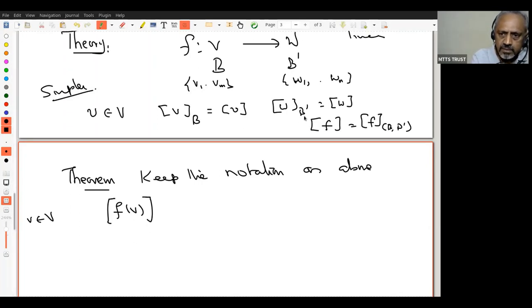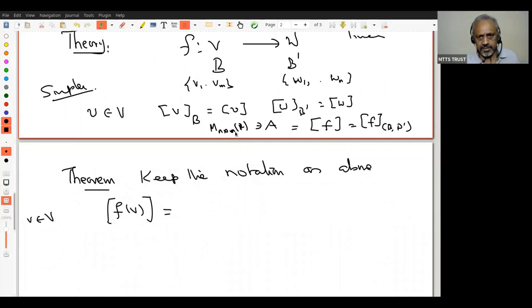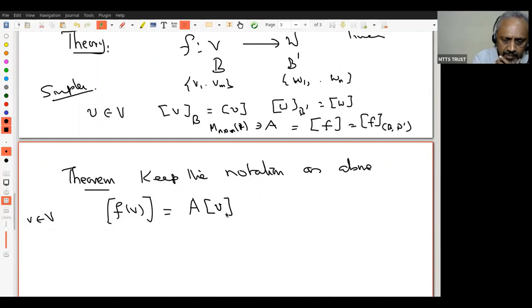The suffix B dash I am not writing. Now write this as a matrix. This matrix, call it A. This is a matrix in M n cross m of R, where R is a field. This I claim is A times this.